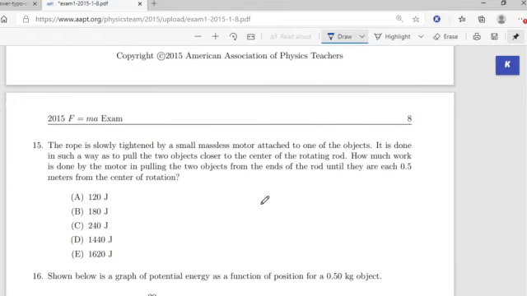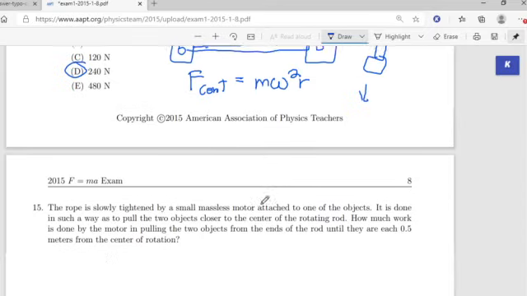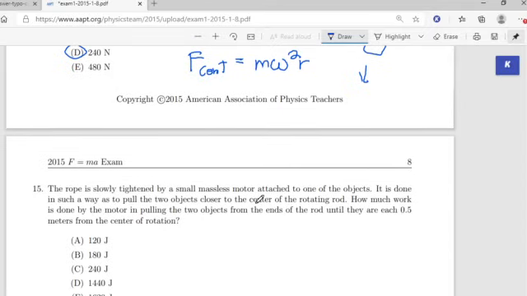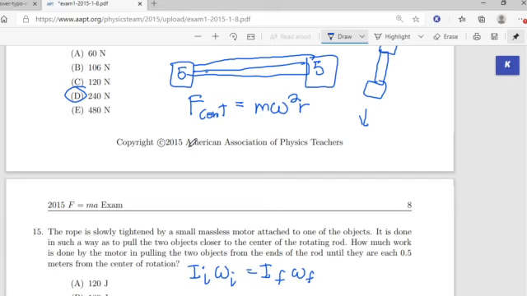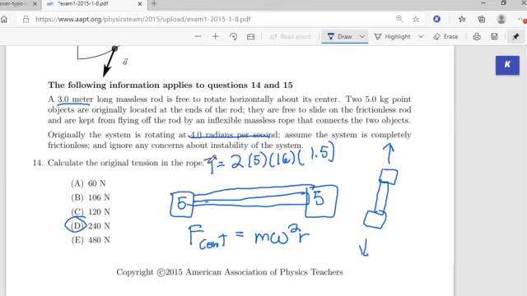3 meters apart. Okay, so since there's no external torques acting on the system, I guess we could use conservation of angular momentum, which basically states that the initial angular momentum is equal to the final one. So initially we have the 2 point masses, and for now I'm going to use variables just because it's safer.